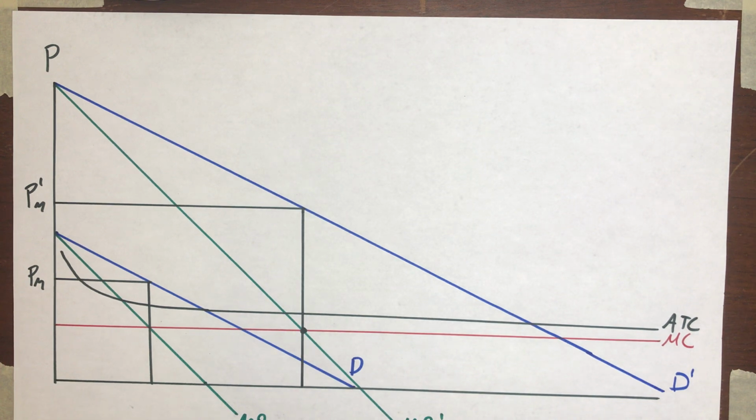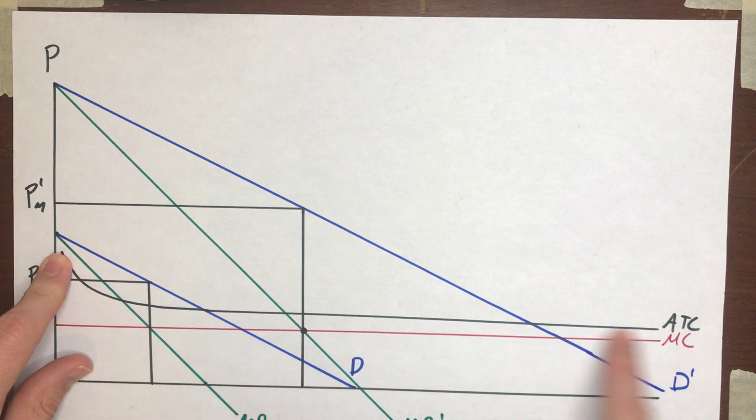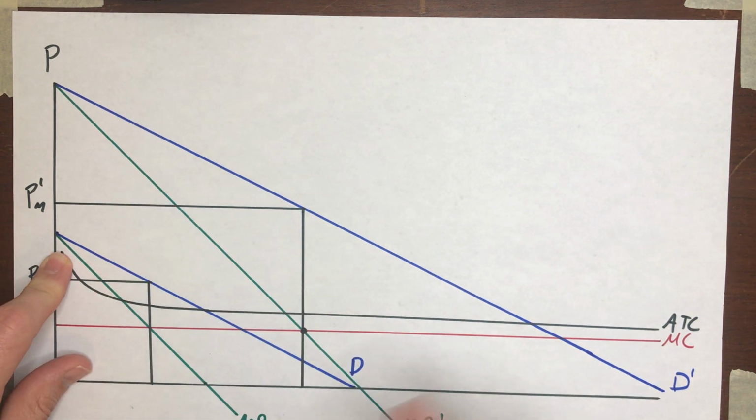Notice that I've left this average total cost curve exactly the same between these two shifts, because otherwise this graph is going to start looking messier than it already does.